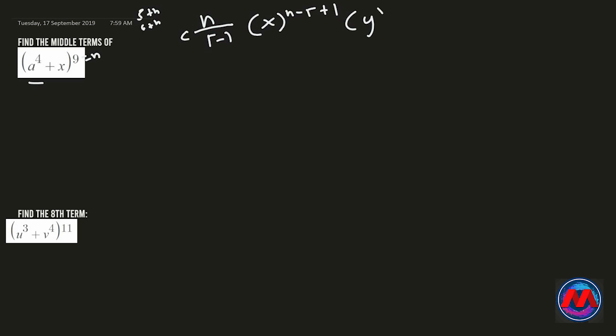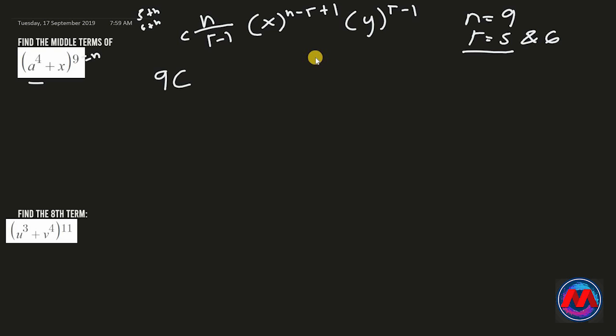And the y raised to r minus 1. So, let's try solving this. So, n is equal to 9 kasi 9 term. Tapos, r is 5 and 6. Alright. So, solve natin yan using the equation. That's the combination, 9 combination of r. Solve muna natin to.